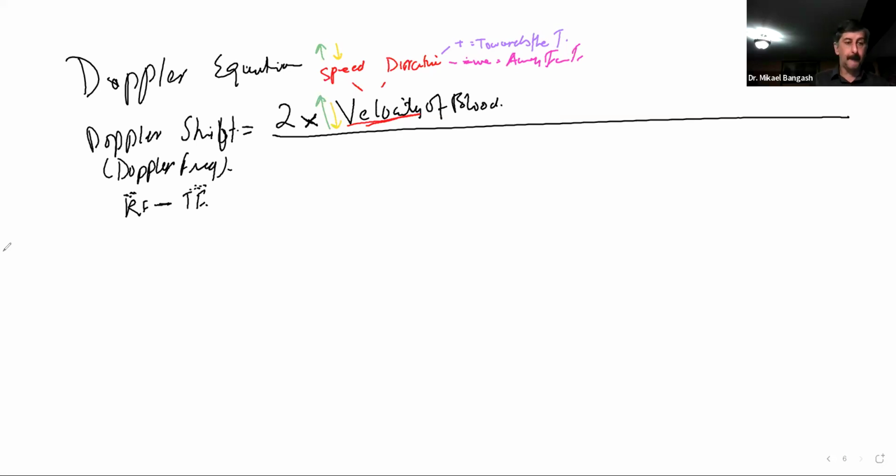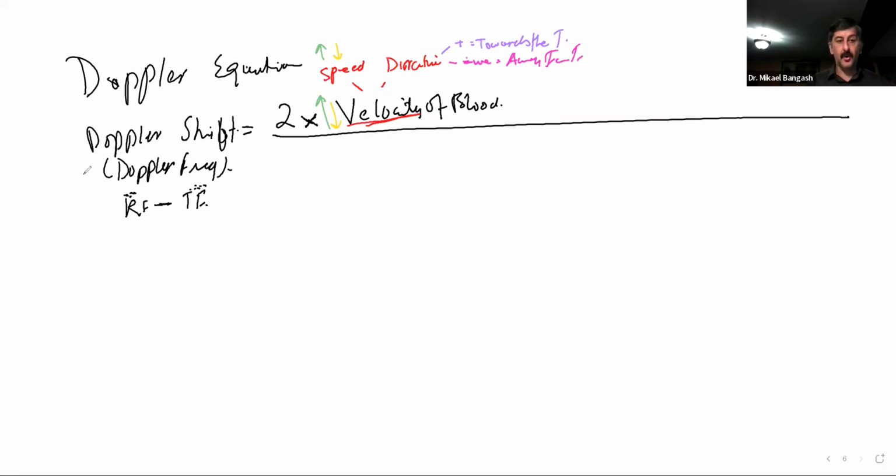But what we mainly can see from this equation is that we had a low speed of the blood. The blood was flowing at a low speed, all dependent upon whether that was towards or away from the transducer, I was going to give it a positive or negative.